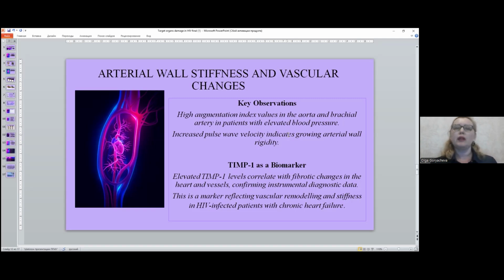For example, in my work there was a comparative analysis of the level of augmentation indexes and tissue metalloproteinase 1 as a biomarker of fibrosis. Elevated tissue metalloproteinase 1 level correlates with fibrotic changes in the heart and vessels, confirming instrumental diagnostic data. This is a marker reflecting vascular remodeling and stiffness in HIV-infected patients with chronic heart failure.